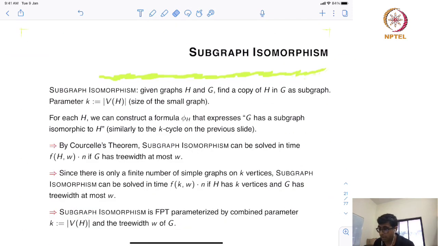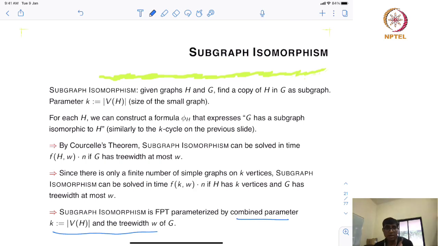Okay, and since there is only a finite number of graphs on K vertices, subgraph isomorphism can be solved in time f(K, W) times n if H has K vertices and G has tree width at most W. So now you know that subgraph isomorphism is FPT parameterized by the combined parameter K and the tree width.